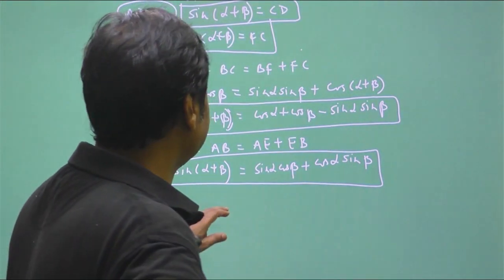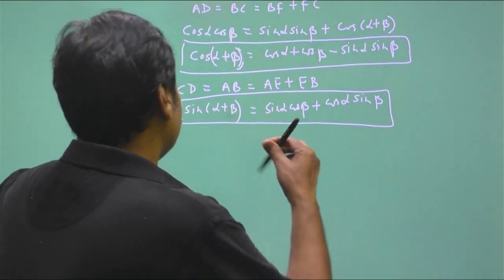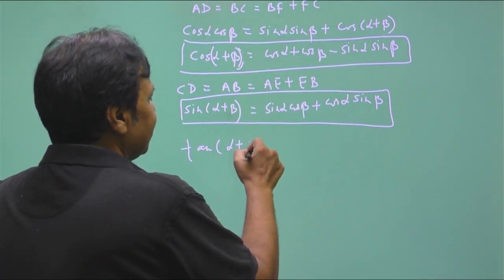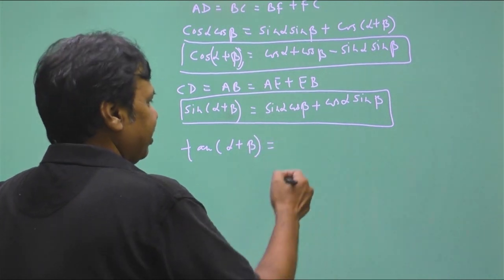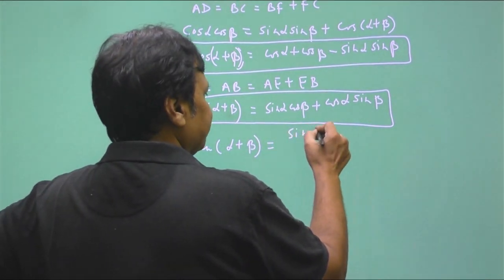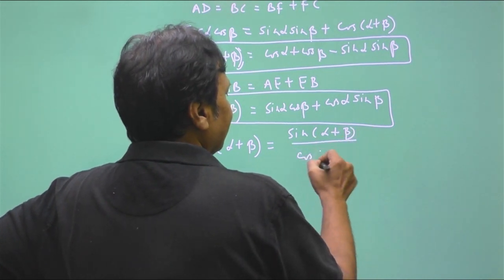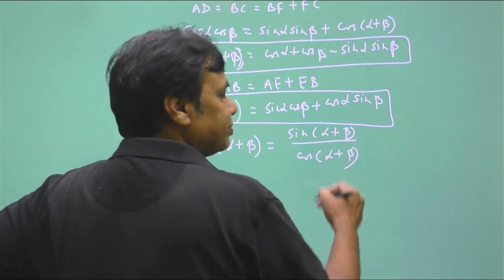Now you can also find tan alpha plus beta. It will be sin alpha plus beta upon cos alpha plus beta.